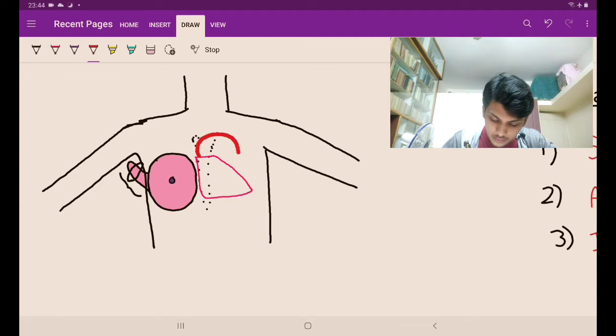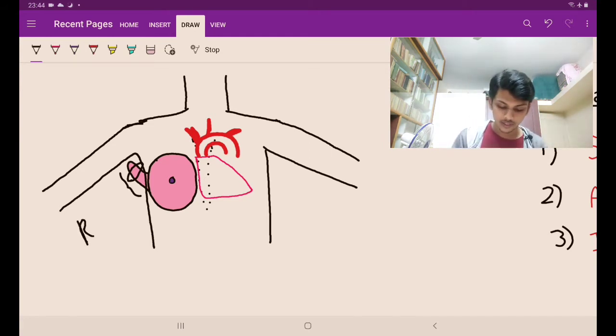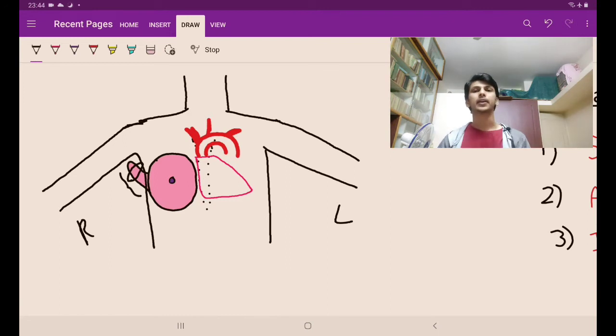It comes like this and goes down, isn't it? Now see, the aorta gives out three branches mainly. From the right to the left, it is the right brachiocephalic trunk, the left common carotid, and the left subclavian.